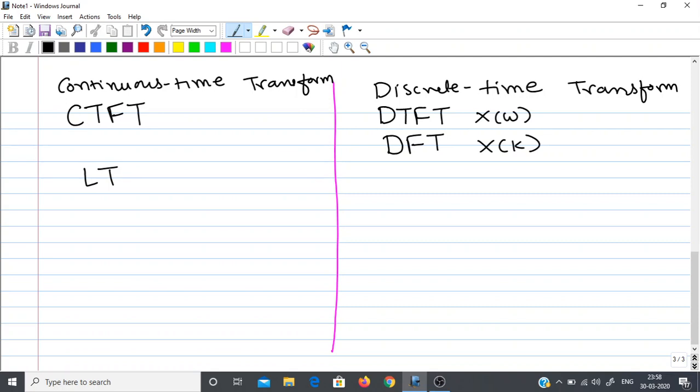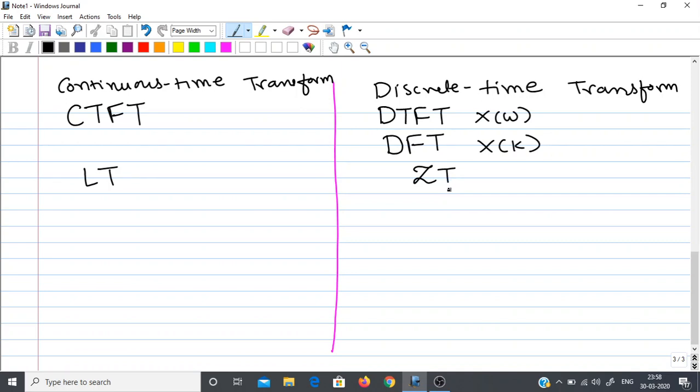So the Laplace transform is the transform which is used for continuous time signals. Is there any analogue of the Laplace transform in the discrete domain? Yes, and that transform is called the Z transform. So the discrete counterpart of the Laplace transform is the Z transform, which we are studying. In my first video, we studied the Z transform.